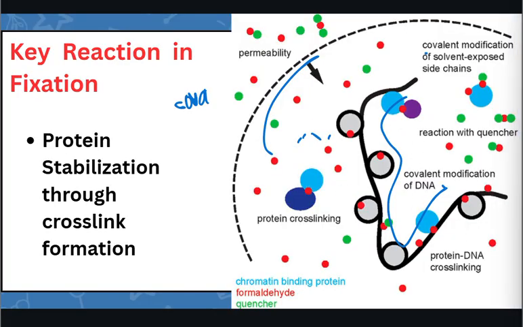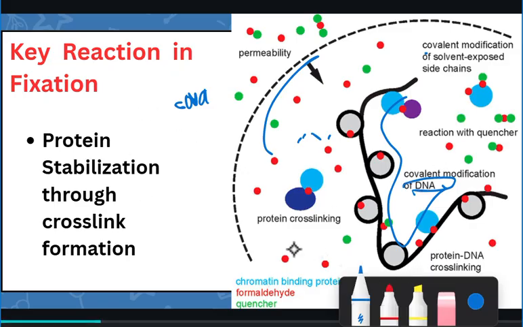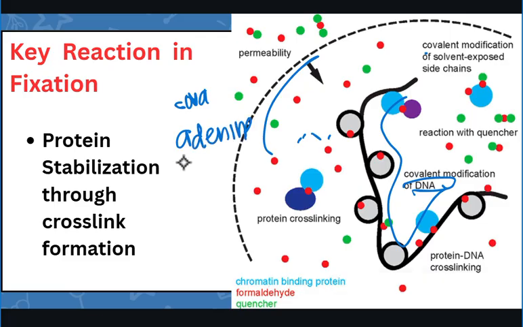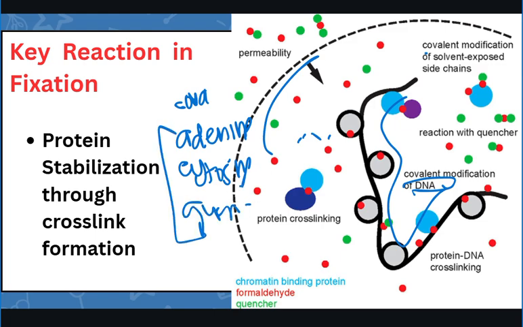So what happened here, class, due to the chemicals that we have, there will be DNA modification, where it again reacts with the DNA bases. What are our DNA bases, class? Do you remember? We have the adenine, the cytosine, the guanine, and there is also the uracil. Usually these react with the methylol products that we have here.